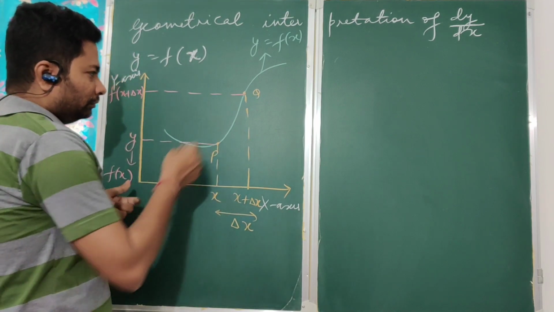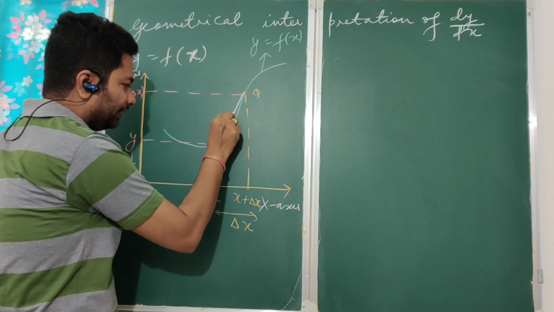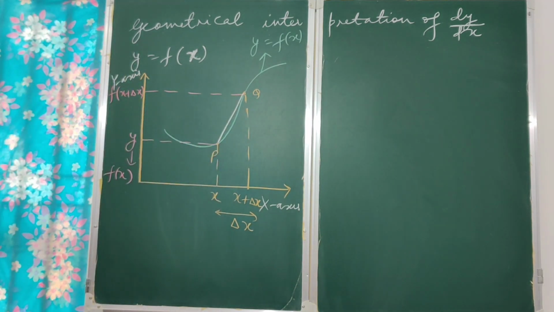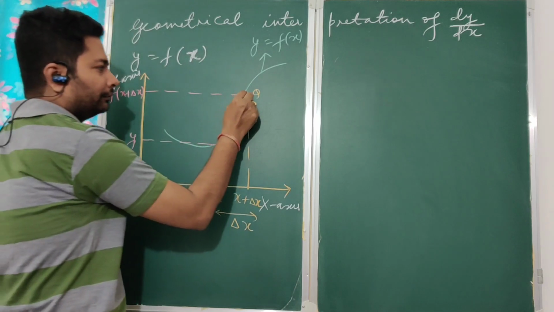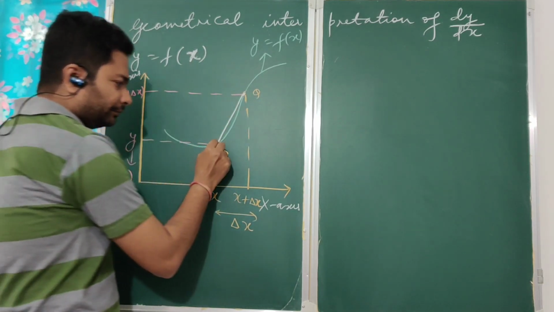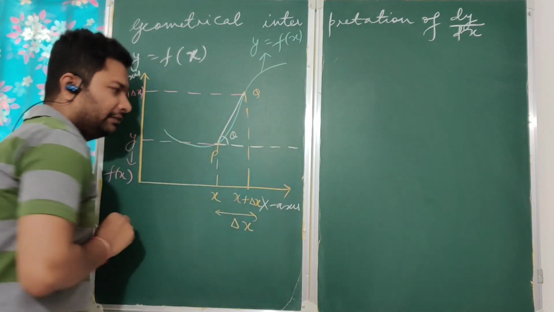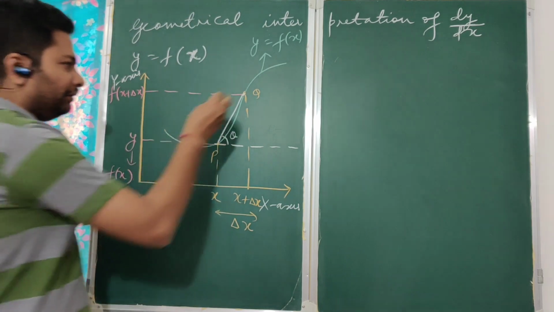So now if you want to draw a secant, where is the secant here? This is your secant, correct? What is the slope of this secant? So the slope is tan theta. How much is this distance?